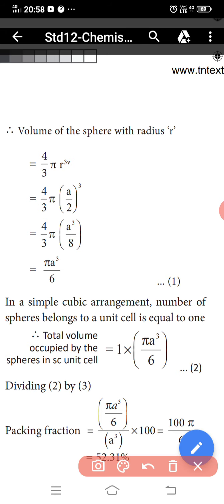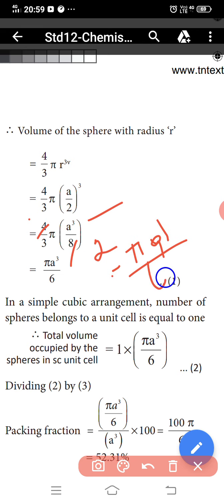So 4 by 3 pi a cube divided by 8. The 4 and 8 cancel, giving 1 and 2. So 3 into 2 is 6. So the balance is pi a cube by 6.